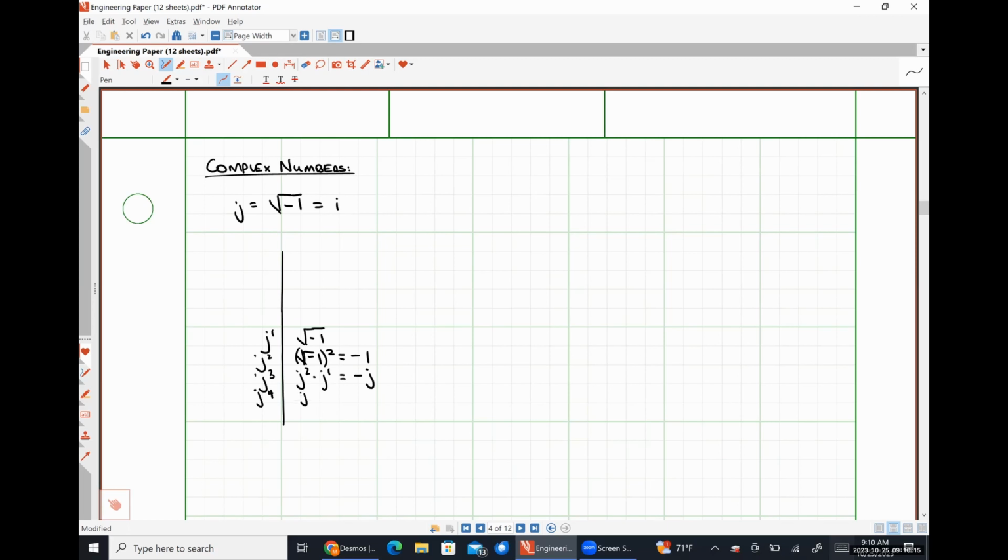J to the fourth is J squared times J squared, so that's +1. J to the fifth is J to the fourth times J to the 1, so that's just J. And it's just going to cycle over and over again as we increase the power. What should J to the 0 be? 1, because any number raised to the 0th power is 1.